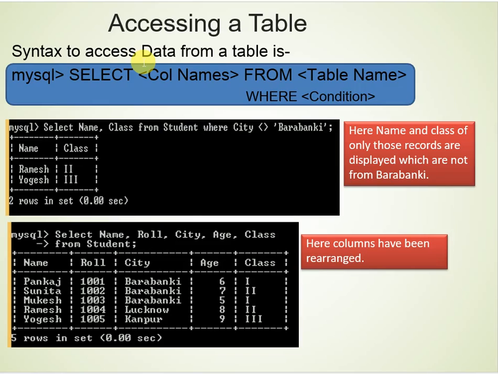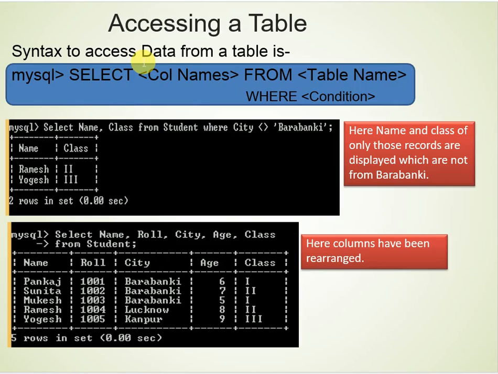See here, select name comma class from student where city not equal to, this is the symbol, not equal to Barabanki. So it will display only 2 records, and the fields name and class only: Ramesh and Yogesh, class Sagar and Thor. See one more example.